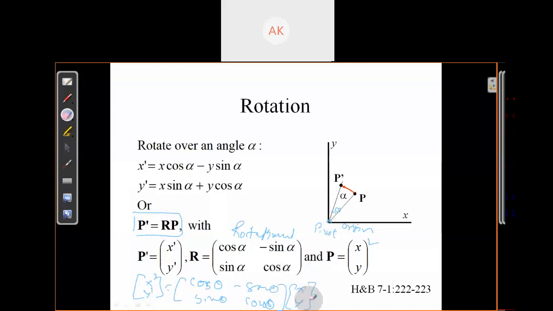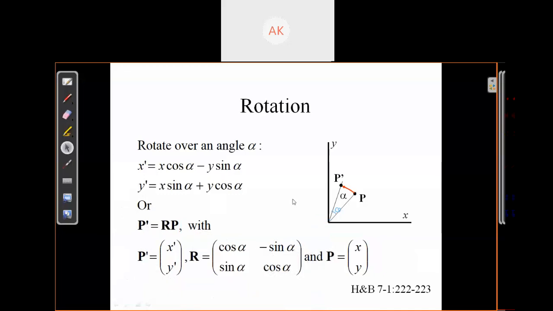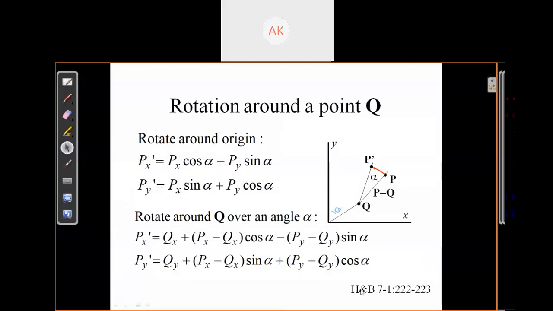That is when your rotational point is the origin. But when your rotational point is not the origin, it is some other point, then your equation will change like this. Here your rotational point is not the origin.